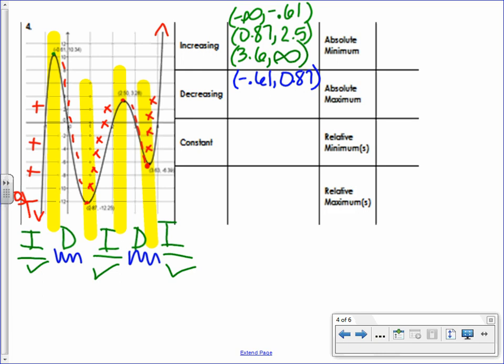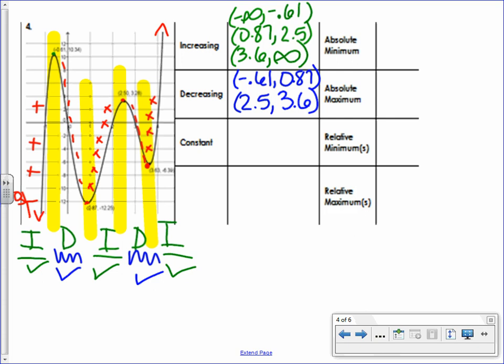And then decreasing again from the values of 2.5 till it gets to, I guess, about 3.6. Okay, so that gives me both of those.